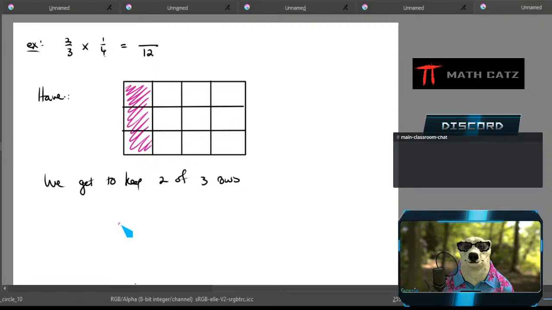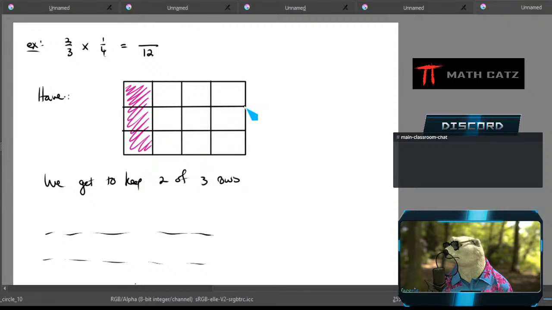And that's why my answer is going to be over 12, because looking at this rectangle, it's going to eventually be a sentence. It takes 12 pieces to make a rectangle. That's going to be a sentence over here. And that's going to lead me to my answer with a denominator of 12. Because of what I do in this intuitive process.